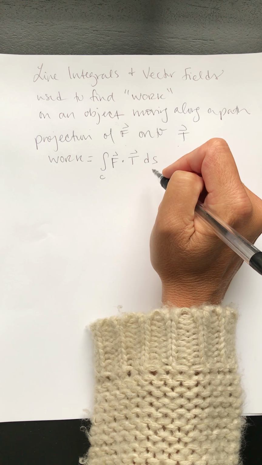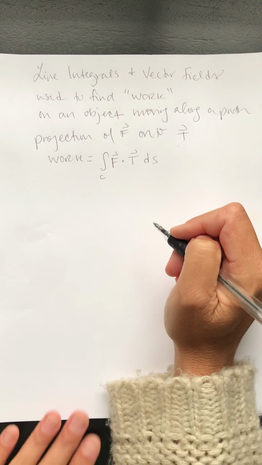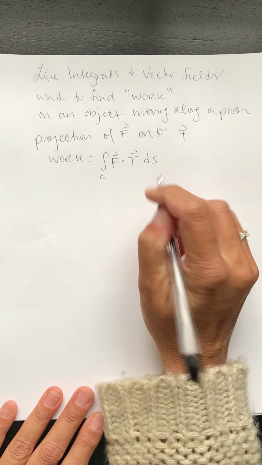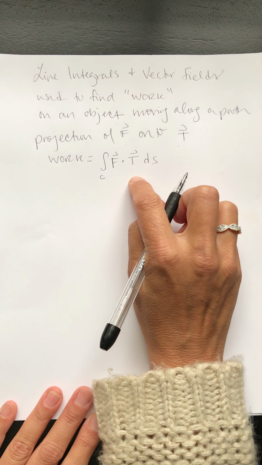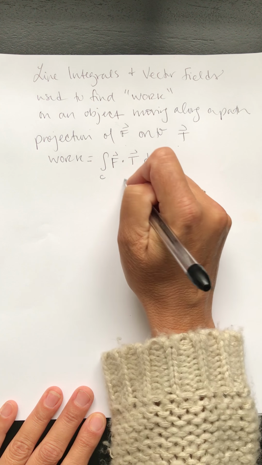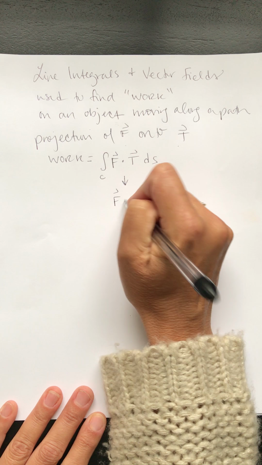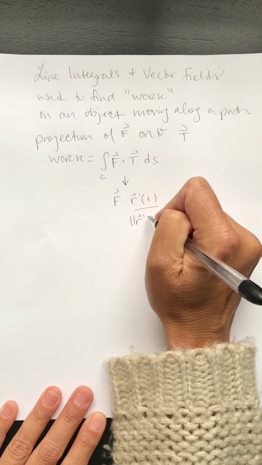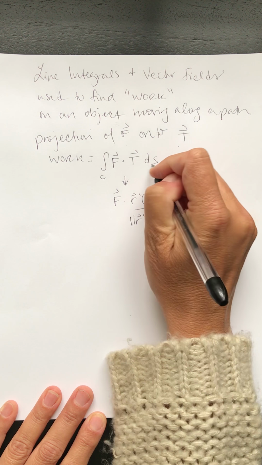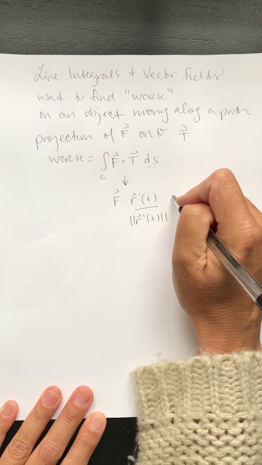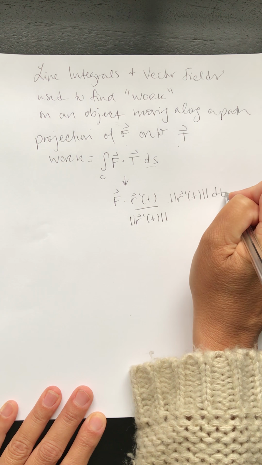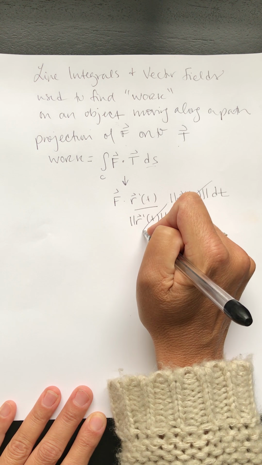All right, so now we have F dot T ds. Remember that to find our T, this is our unit tangent vector. So this is going to turn into F dot r'(t) over the magnitude of r'(t). ds is going to turn into the magnitude of r'(t) dt. Notice these are going to cancel out.